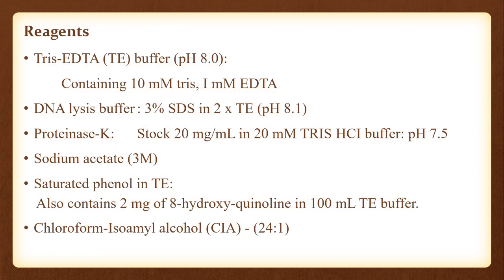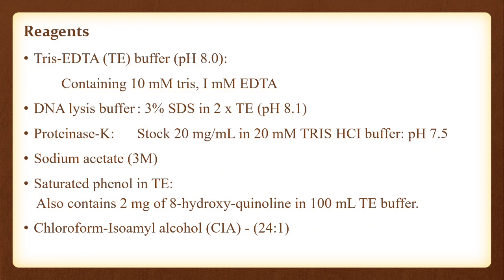So what are the reagents required for DNA isolation? TE buffer, that is Tris EDTA buffer, with pH 8.0, containing 10 millimoles Tris and 1 millimole EDTA, and DNA lysis buffer containing 3% SDS in 2x TE buffer with pH 8.1. Proteinase K stock is 20 milligrams per ml in 20 millimoles Tris-HCl buffer with pH 7.5.